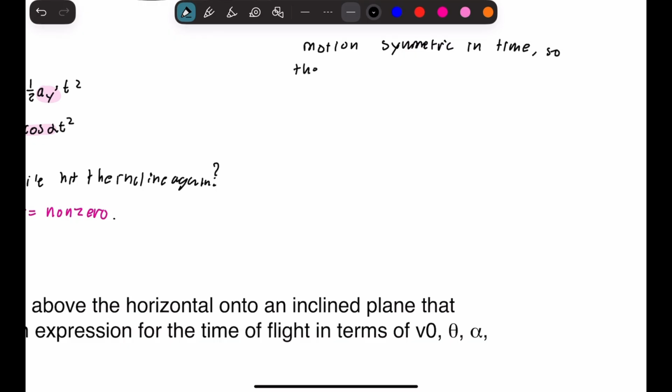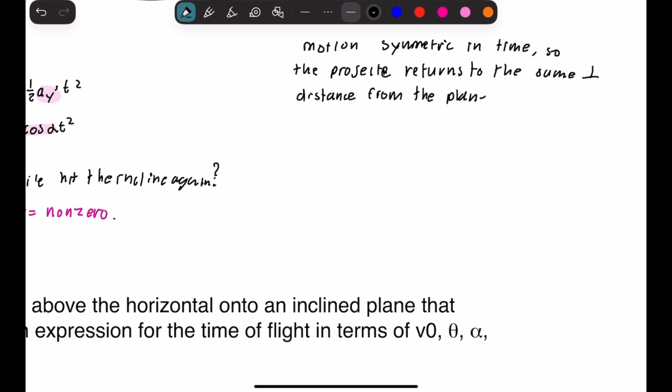So the projectile returns to the same perpendicular distance from the plane, which means it has the same vertical height relative to the incline.